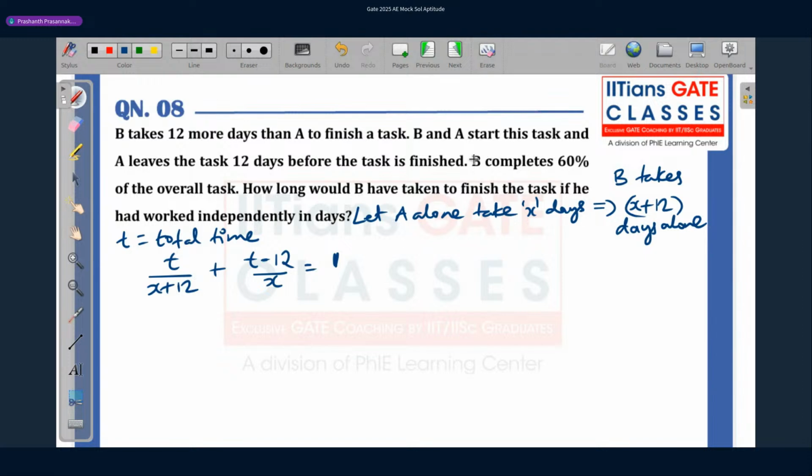So we are given in the question that B and A are starting this task, and A is leaving the task 12 days before the task is finished. So T minus 12 is coming because 12 days before the task is finished, A has left, and the rest of the task, B is completing on his own.